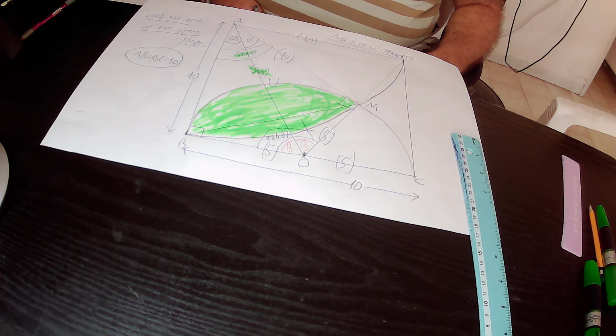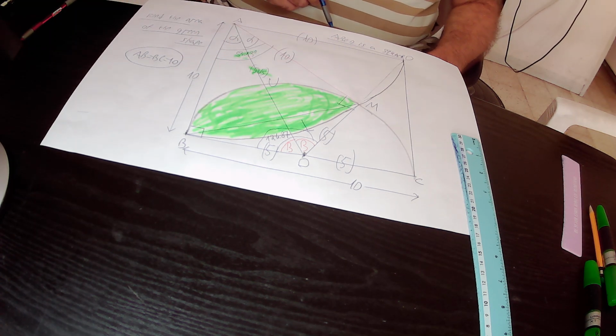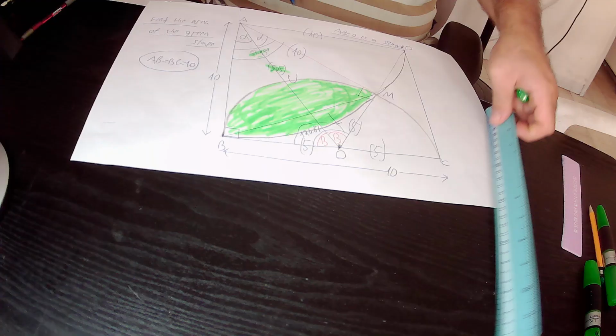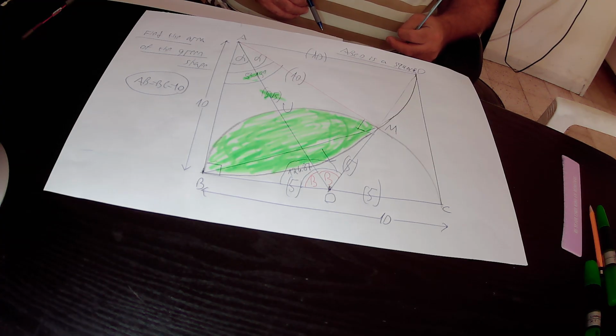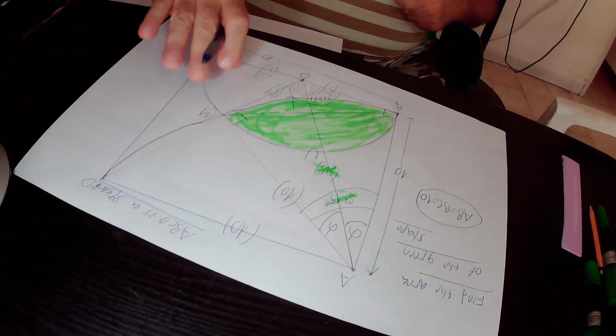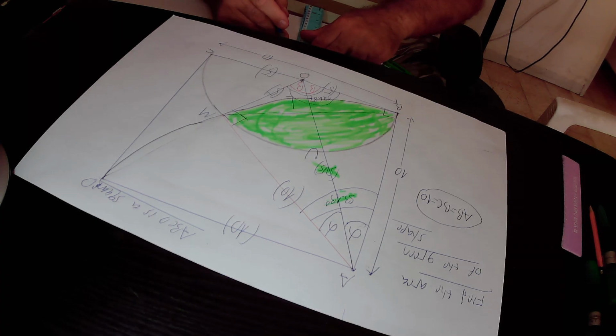So I copy sector ABM in a new page and we analyze this sector AMB. So what is a sector? A sector is a portion of a circle enclosed by 2 radii and the arc between them. So I copy the sector and then I explain in detail. It is exactly a sector.